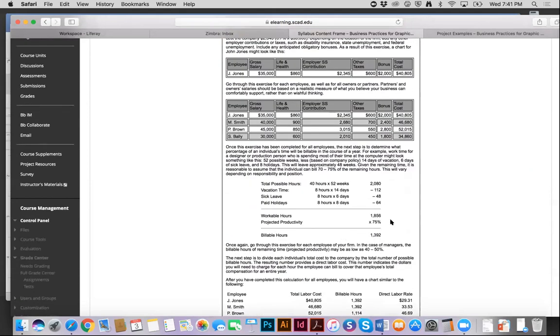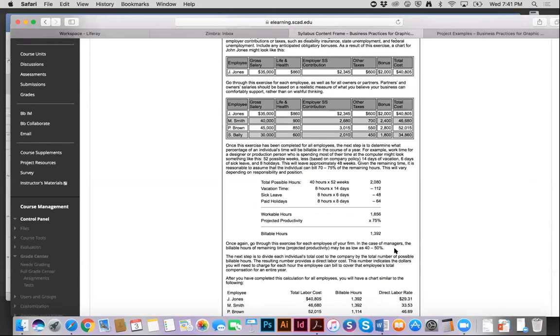I wanted to say something about the times 75%. 75% is just a projection. It may be higher or lower than that, but that's kind of a standard. It's set across the team.